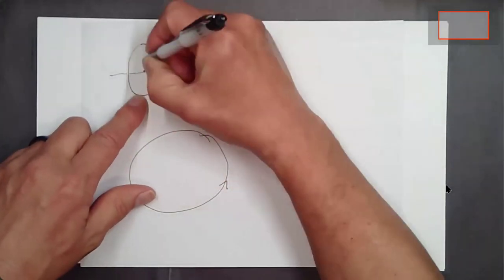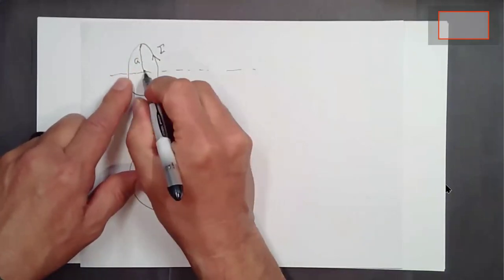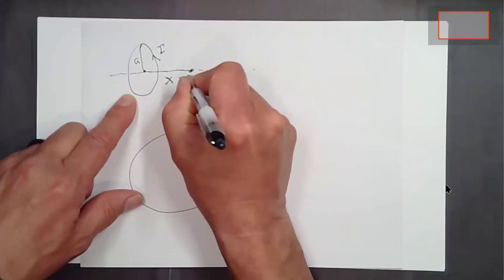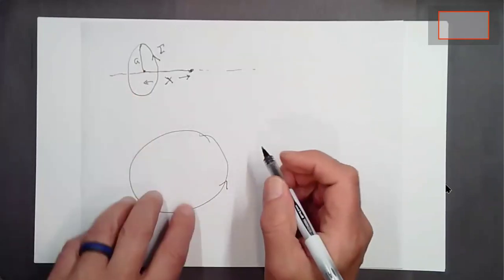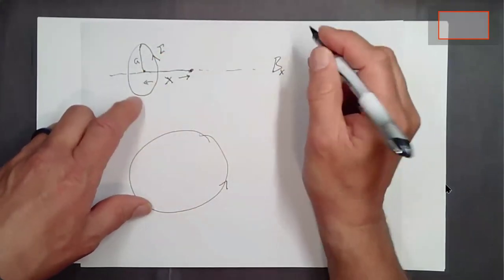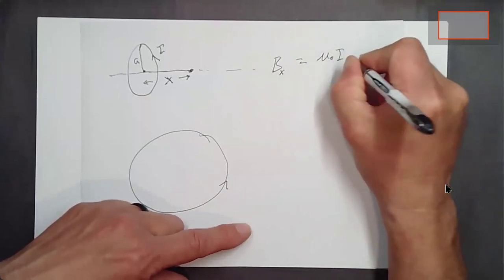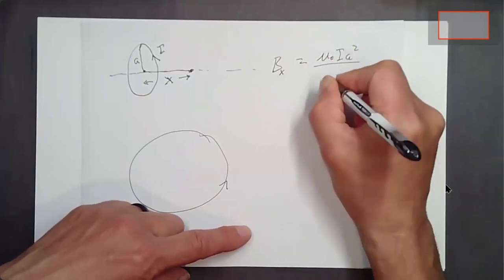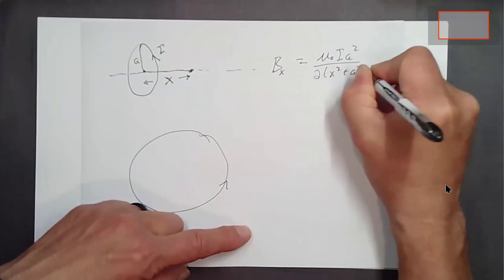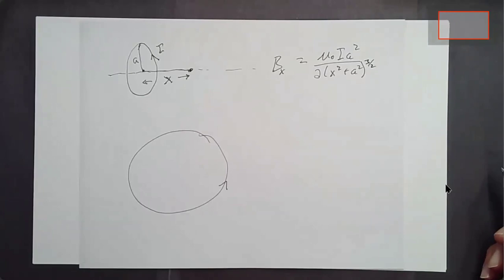If we let a be the radius of the loop, and we go out a distance x on the axis away from the center of the loop, then the magnetic field strength out there, in the x direction, will equal mu naught times I times a squared divided by 2 times the quantity x squared plus a squared to the 3/2. So that's what it happens to be.